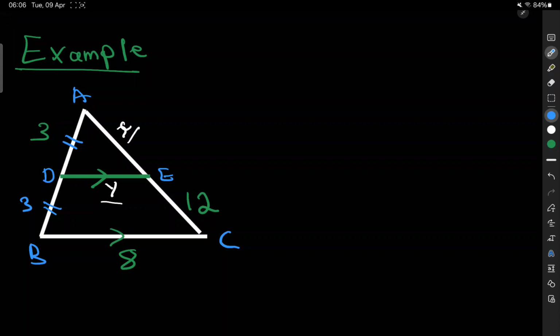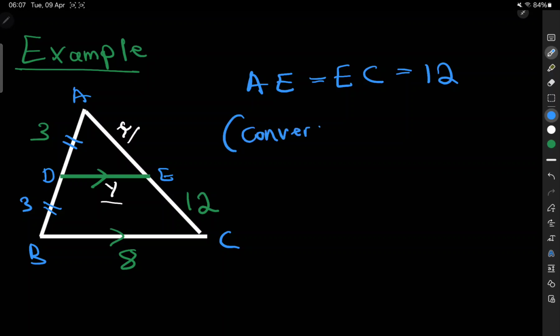Now we can also conclude that AE is equal to EC, which in this case would be 12, and the reason for that is the converse of the midpoint theorem.